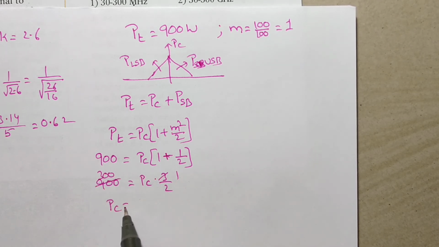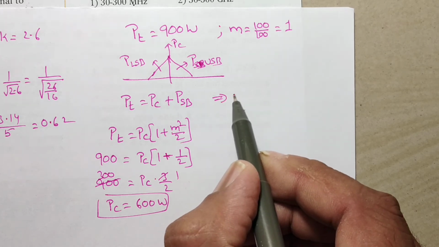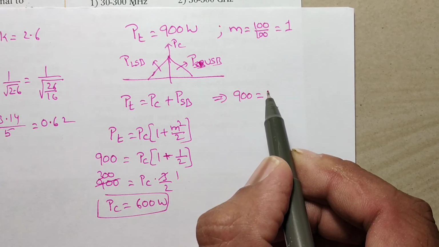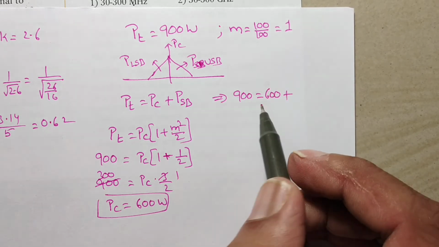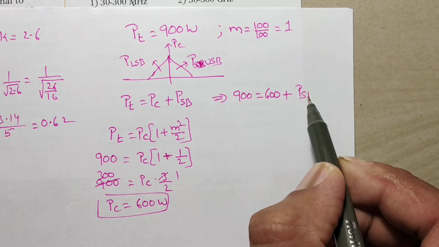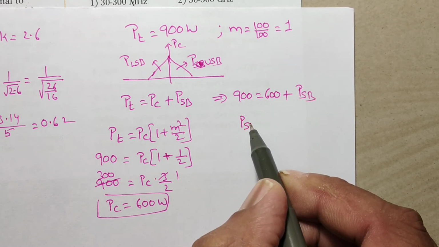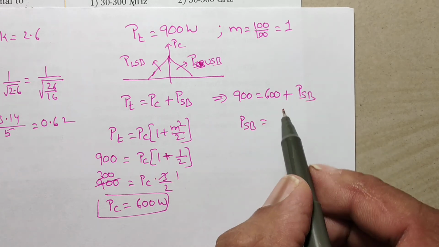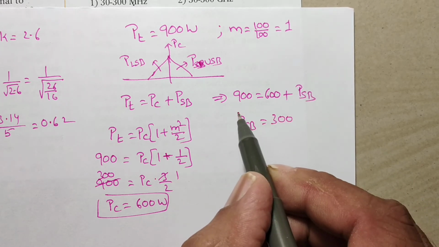That means PC we are getting 300 into 2, that means 600 watts. Here PT is 900, PC is 600 plus PSB. Here PSB we are getting as 900 minus 600, that means 300 watts.